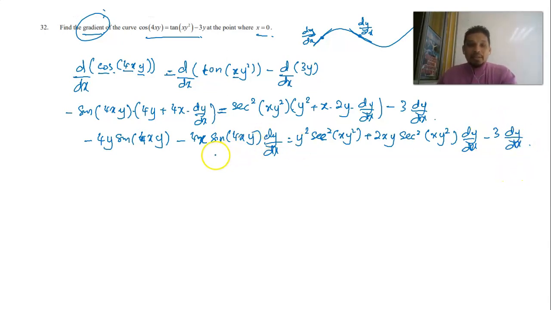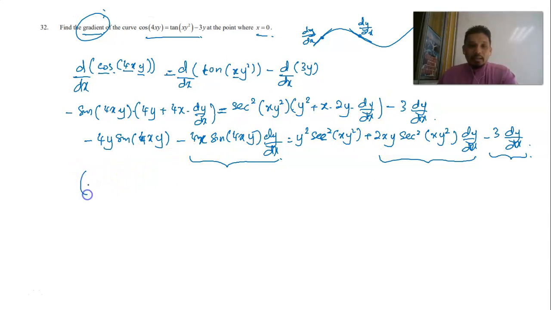So the terms with dy/dx, we put them all together on the left side, and the ones without dy/dx we put on the other side. Negative 3 brought to the other side becomes positive, and this positive brought over becomes negative.